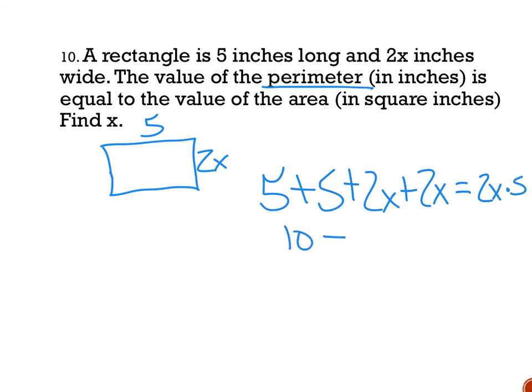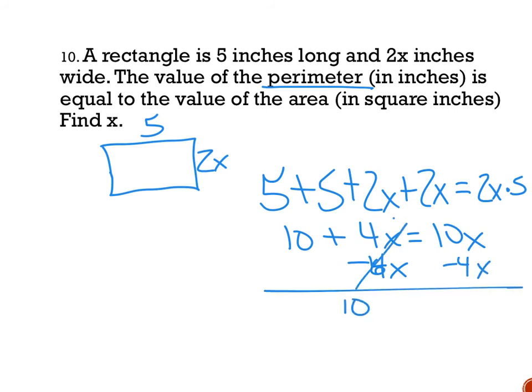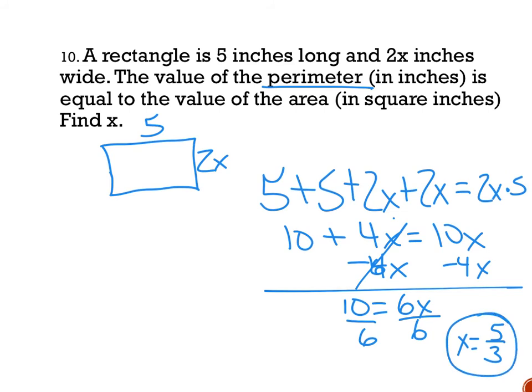So this gives you 10 plus 4x equals 10x. Subtract 4x from both sides. 10 equals 6x. Divide by 6. And x is going to give you, once you simplify, 5/3.